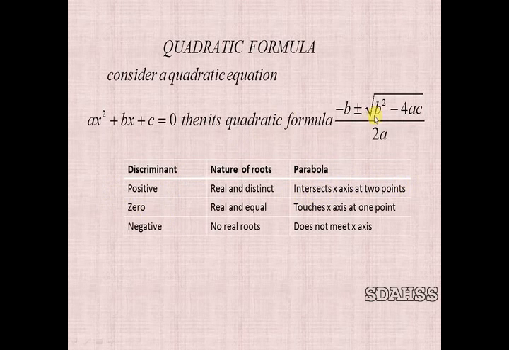Suppose b² − 4ac is equal to 0, then it touches the x-axis at 1 point. Suppose b² − 4ac is negative, it does not meet the x-axis.